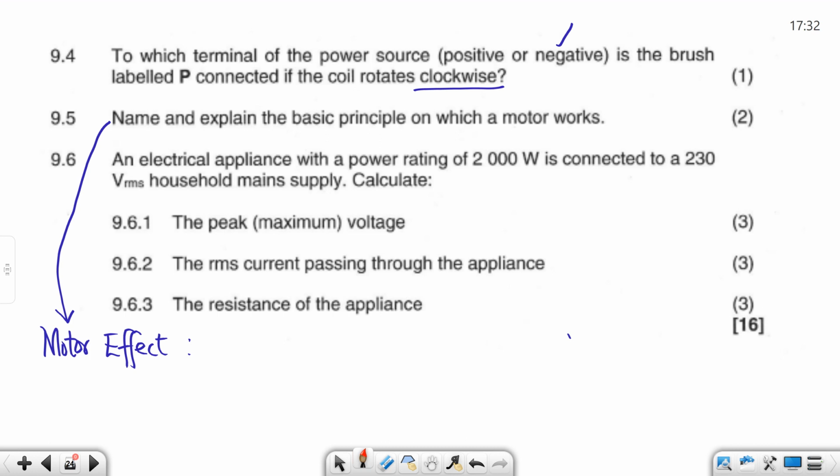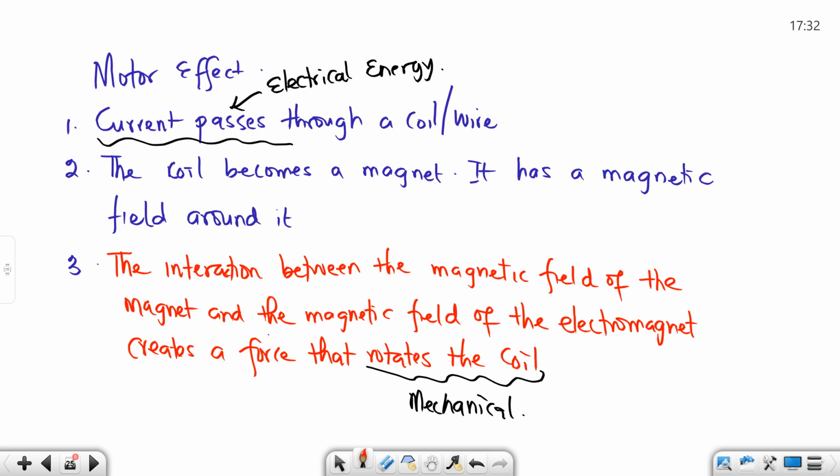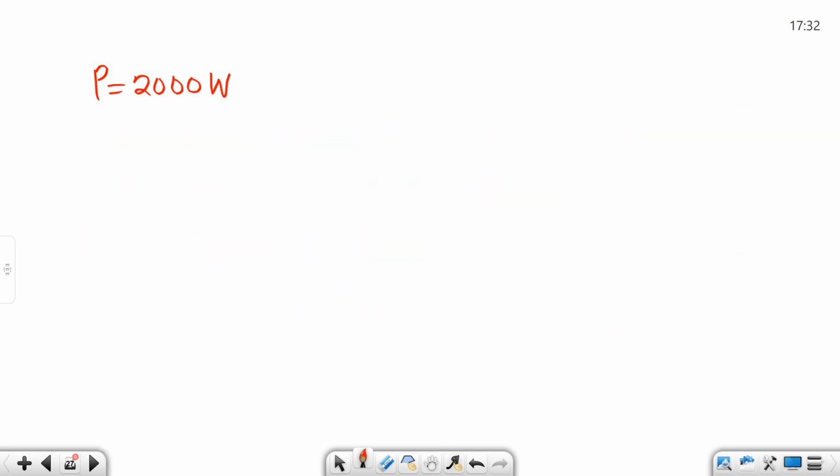Okay. Calculate the peak voltage. Formula page and you're done. You know your VRMS. What's our VRMS again? 230 volts. Number one, we are looking for Vmax. What's the formula? VRMS equals Vmax over root 2.